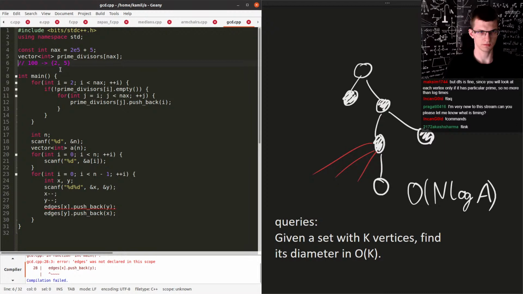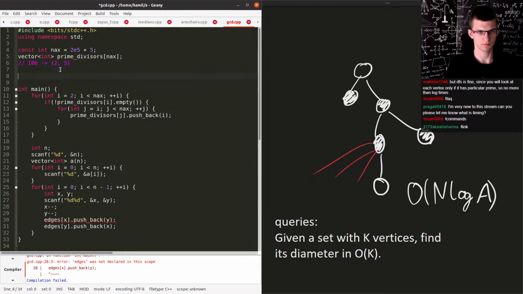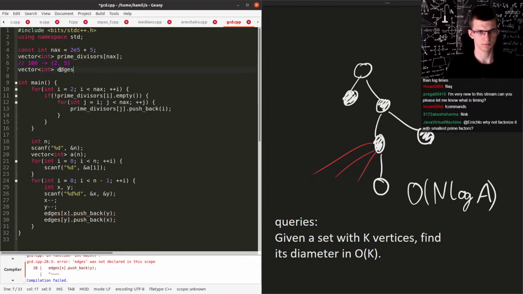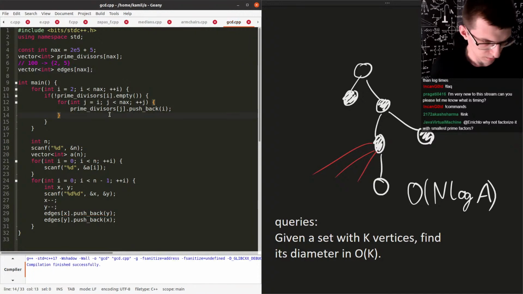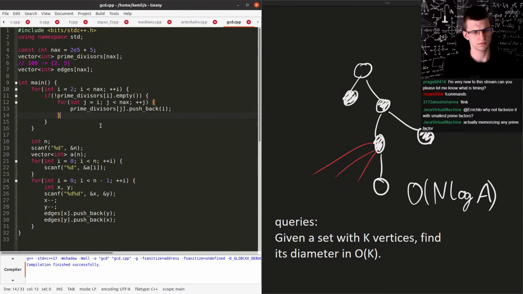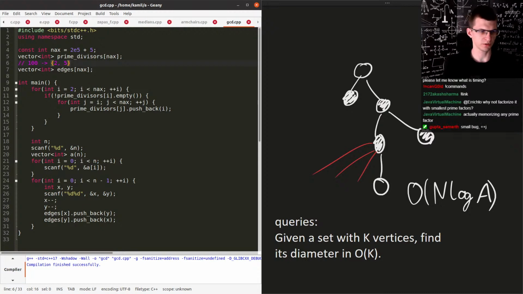Edges. Why not factorize it with smallest prime factors? Oh, I can do this. I did something simple that works. It's fast enough. I know what you're talking about.